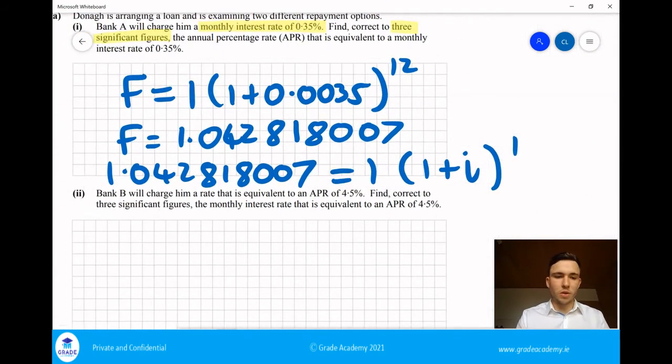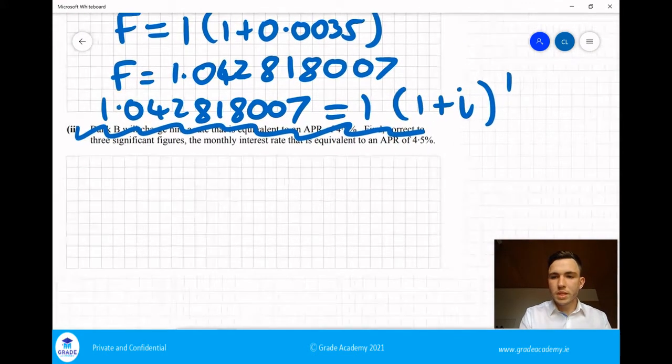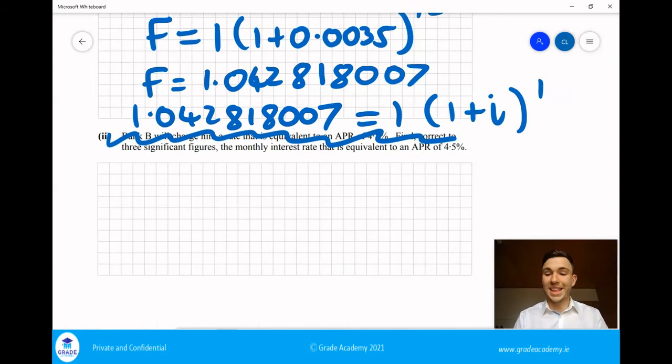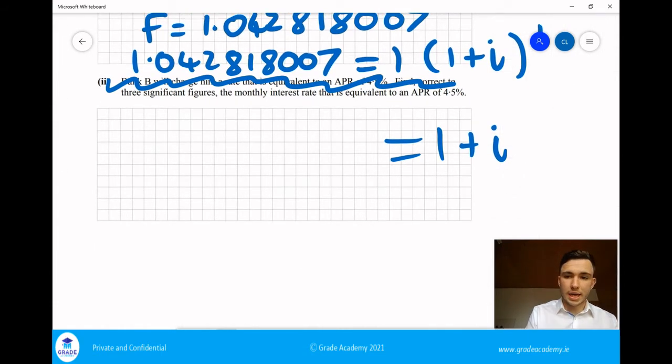Now all we have to do is isolate our I. Anything to the power of 1 is just itself. Anything multiplied by 1 is just itself. So literally this is just equal to 1 plus I. And we can just minus 1 from both sides, and multiply by 100 if you would like to get it as a percentage.